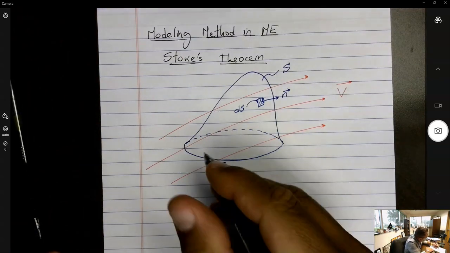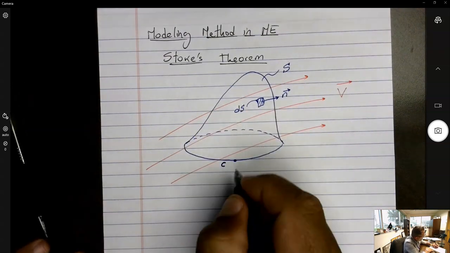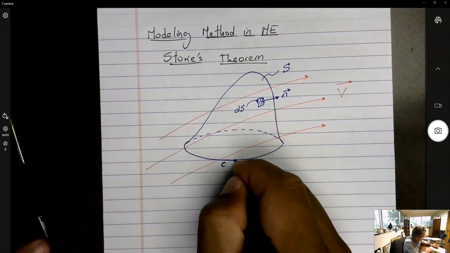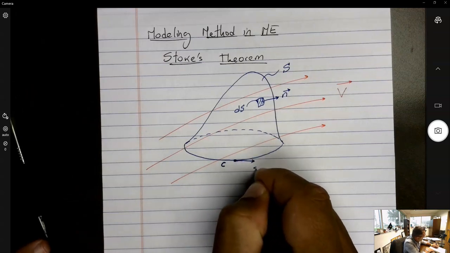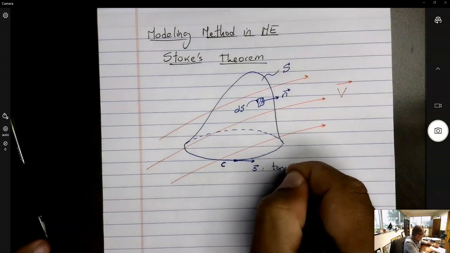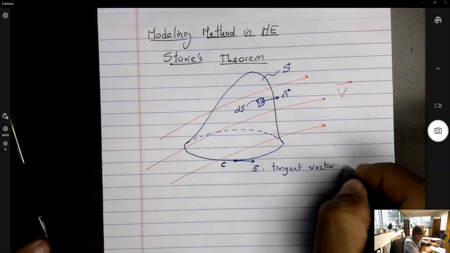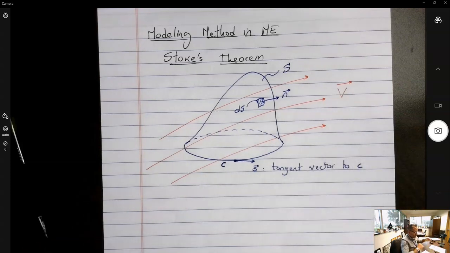And then at any point on the closed contour that wraps the surface, we have this tangential vector S. So this is the tangent vector to C, to the closed contour line C.